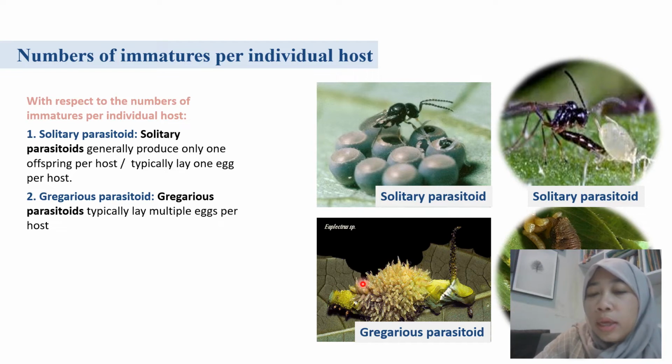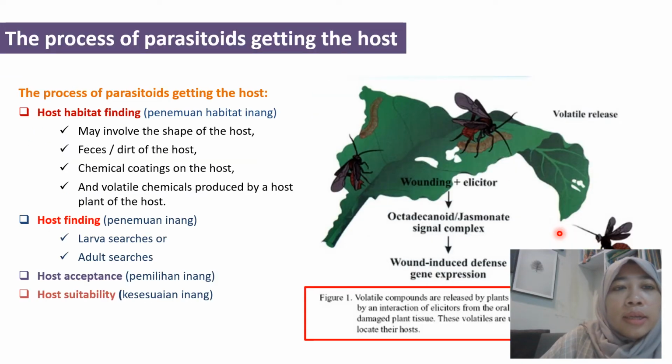This is the late instar larva of the parasitoid. From one host, many parasitoids will come out from the host body. This is called gregarious.